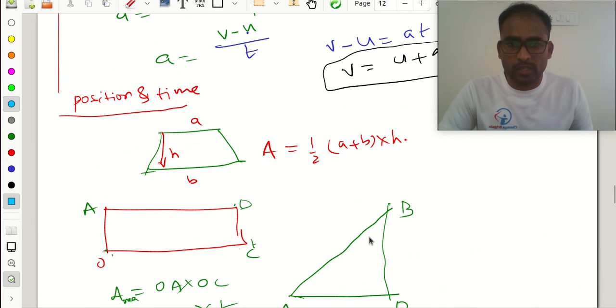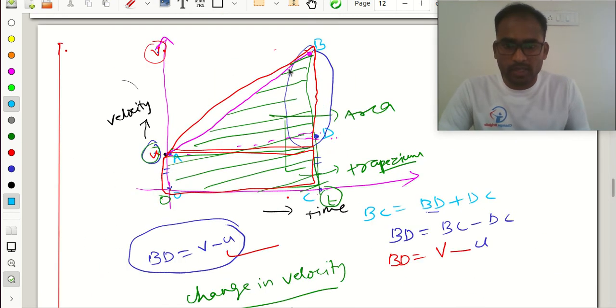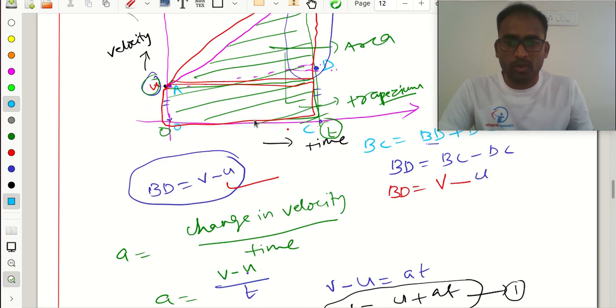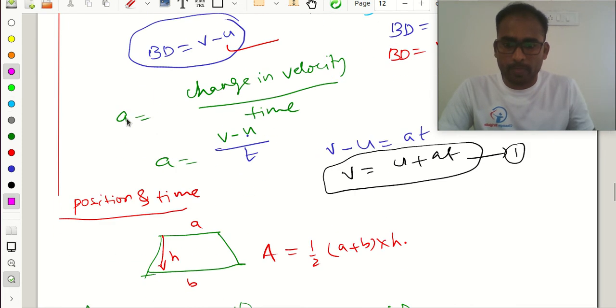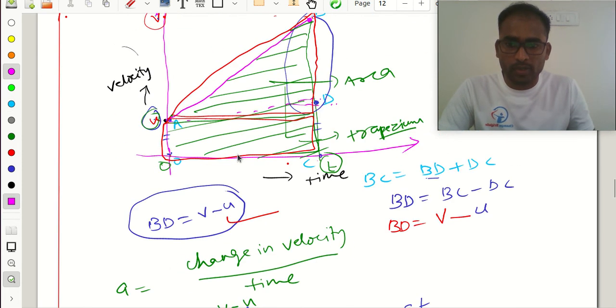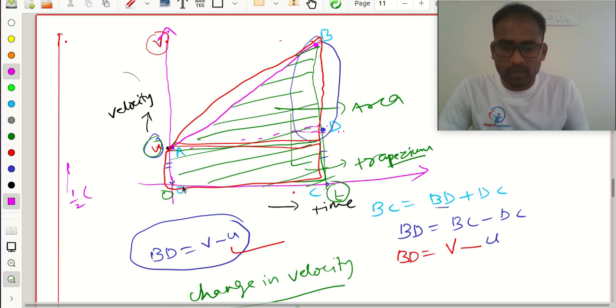Otherwise, we can do it another way. Just calculate the displacement as the area of this trapezium. What is the area of this trapezium? Half into, what is the base?